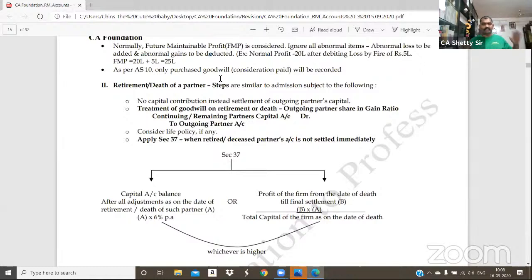Executor means the person's legal heir. If you continue as it is, it stays as a loan account, or it may be settled by paying cash.